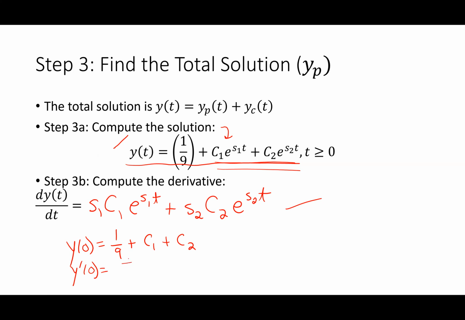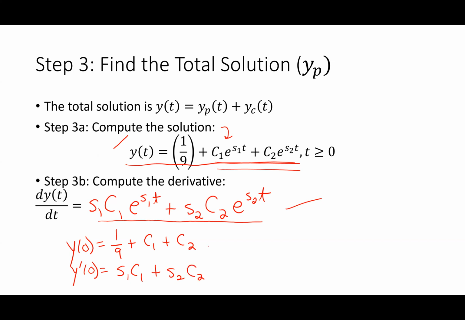What do I get for the one on the bottom? The derivative, y prime of 0. What happens when I plug in t equal to 0 into this thing? Yep, s1 C1 plus s2 C2.